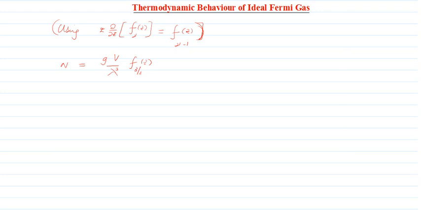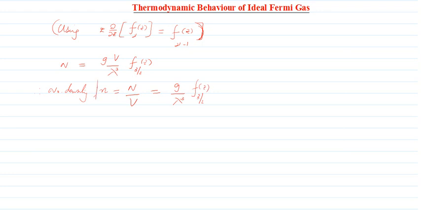So the number density of the system, which we write as small n equal to capital N by v, you have to take that v to the left side, so that will be equal to g divided by lambda cube into f of 3 by 2 of z.